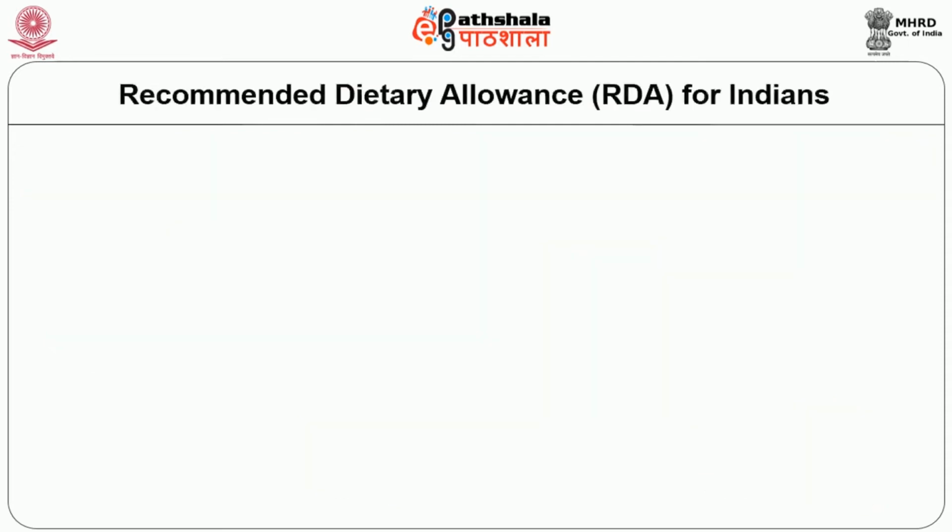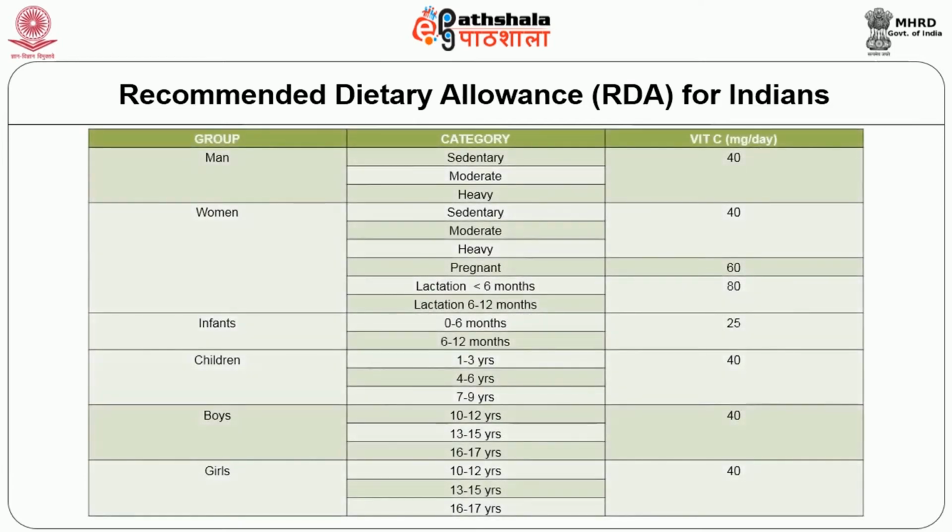Students, now we have understood that many fruits and vegetables which are locally available are good sources of vitamin C. But are we sure whether all of us are consuming sufficient quantity of these foods to meet the recommended dietary allowances? Now, let us see the recommended dietary allowance of vitamin C, which is presented in the table, and from this table we can understand that the requirement is on average 40 milligram per day.